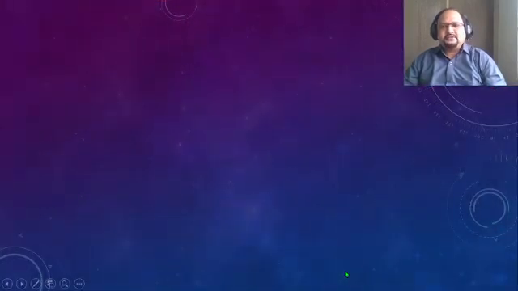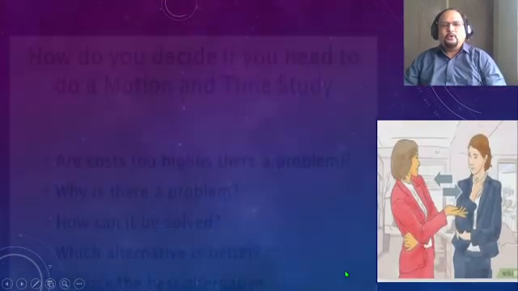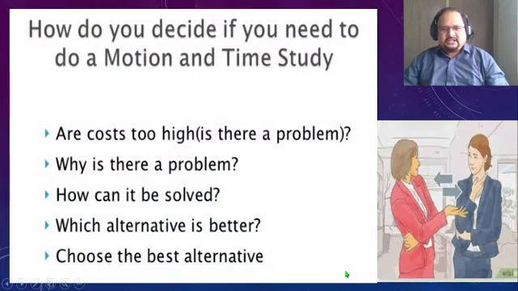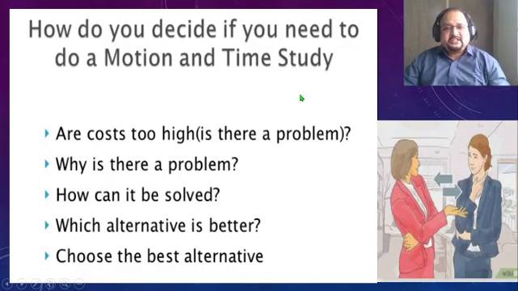Having seen the examples, let us now understand how you decide when you need to carry out time and motion study. And here we can see it is in relation to the existing work. So this is an example of how to decide time and motion study for the existing work, and you call it work study. Now, are the costs too high?